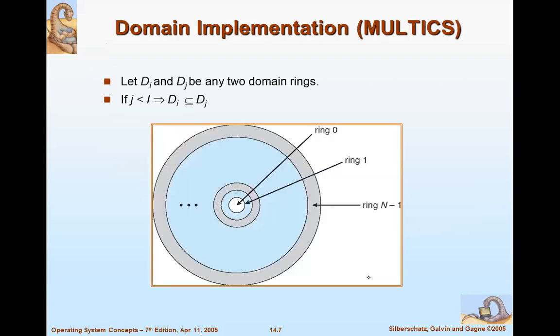Here you can see the domain implementation, where let D, which is a big domain, Di and Dj be any two domain rings. If j is less than i, it means Di is a subset or equal to Dj. And here you can see in this diagram that D is actually this complete circle.